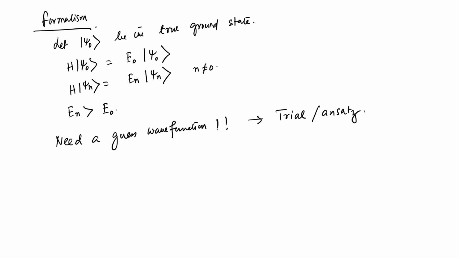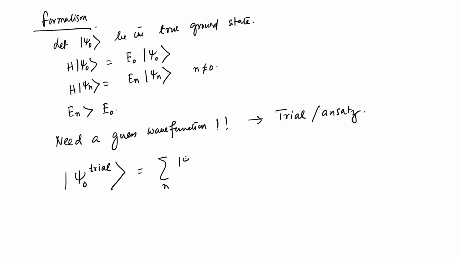You make an ansatz about the wave function. Let us call this psi 0 trial, because this is a ground state, we do not know what psi 0 is. So, we take a trial wave function. And so, what is the trial wave function going to look like? This would be different from the actual psi 0, but it could very well be a linear combination of all the eigenstates of the system.